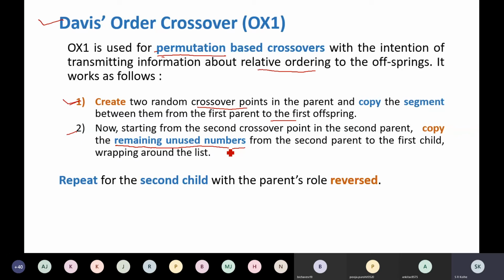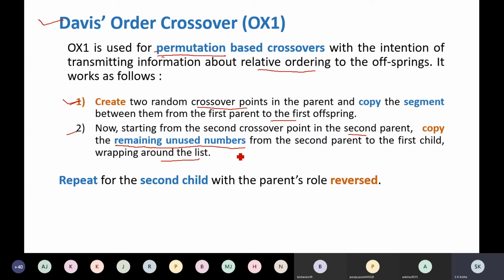Why is this so? Because this is used with permutation representation. If you use a used number, what will happen? The number will be repeated, and that is not permutation representation. Okay. We will see that when we see the example. So starting from the second crossover point in the second parent, copy the remaining unused numbers from the second parent to the first child, wrapping around the list.